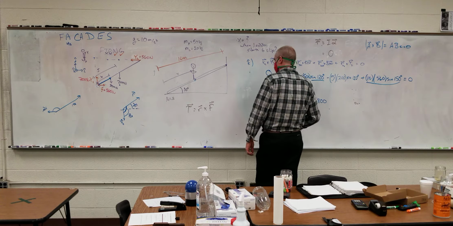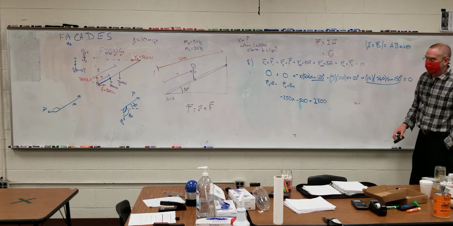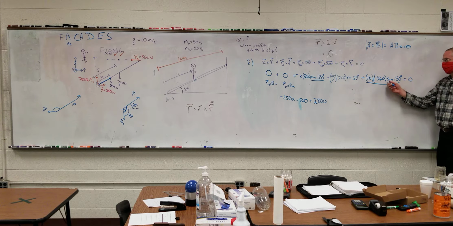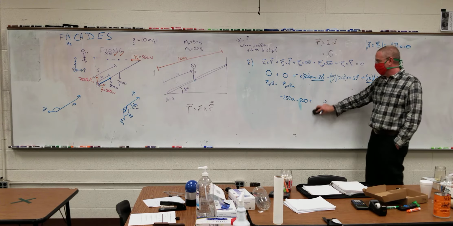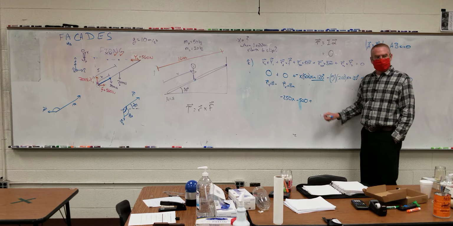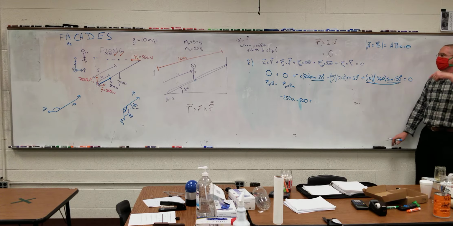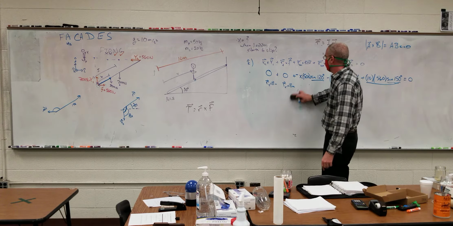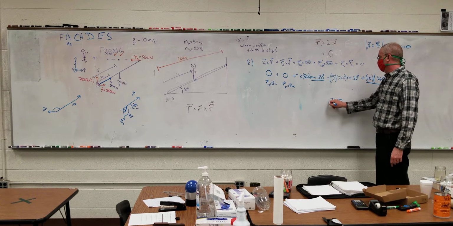No. You assumed that the sine was 0.5? 150 degrees, not the 120. I got 2,800 for that too. Yeah, the sine of 150. Oh, these are wrong. That's my issue. Alright, so 2,800.